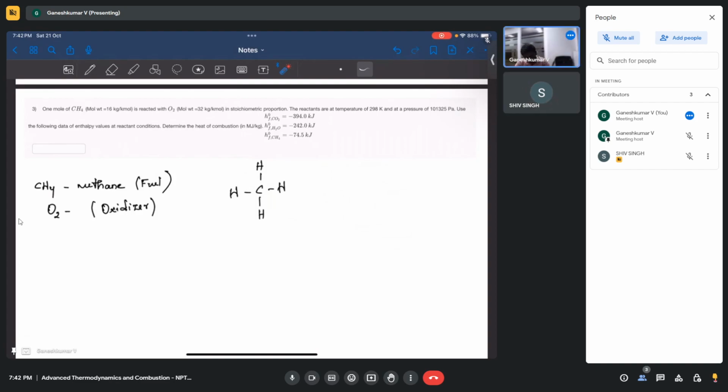So basically here, they are reacting methane, CH4 plus oxygen, in a stoichiometric condition, and they are producing CO2 and H2O, right?